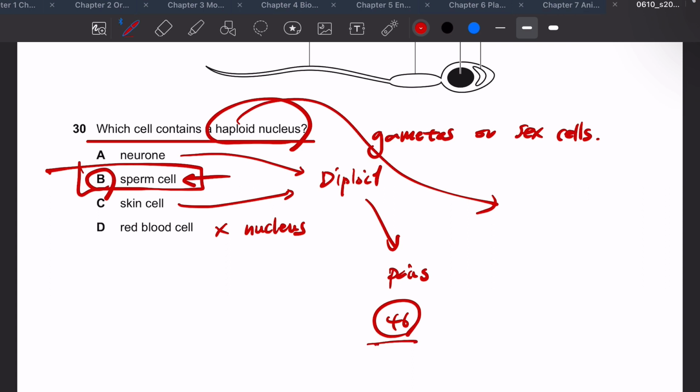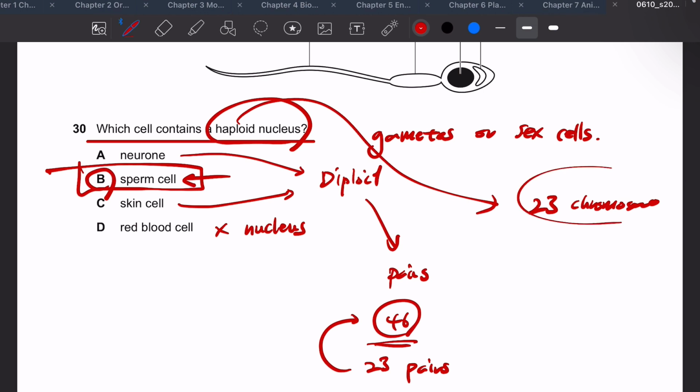There are 46 chromosomes because the chromosomes are in pairs. So we've got 23 pairs, thereby 46 chromosomes. But for gametes, like sperm cells and egg cells, they have only 23 chromosomes, not in pairs. And they are called haploid. Okay?